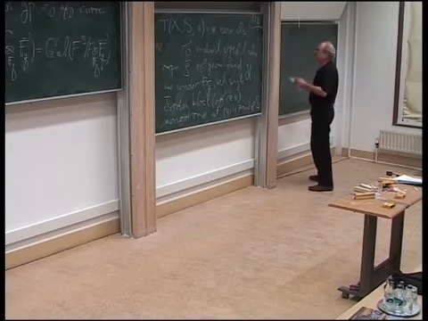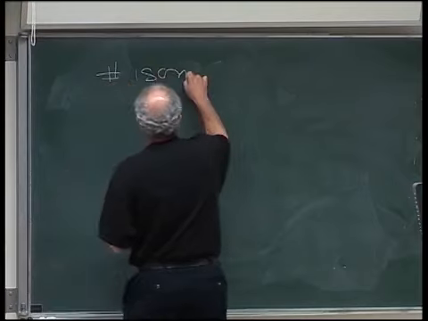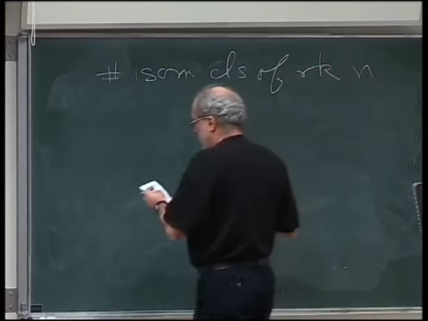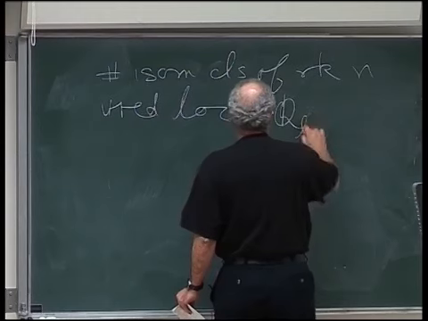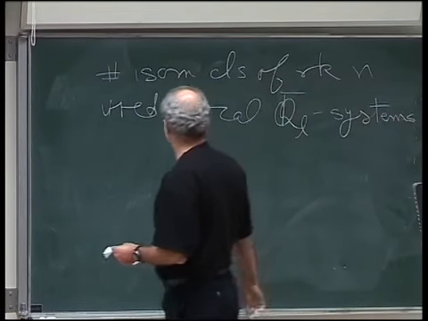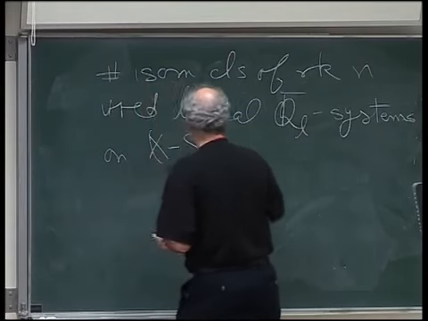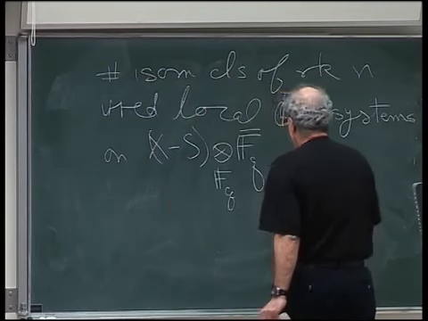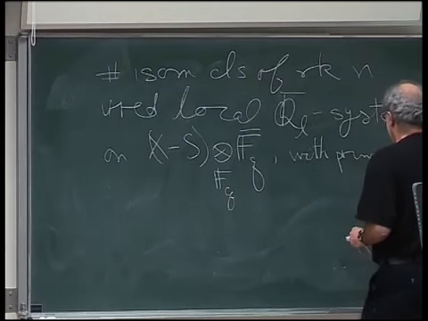This number is the number of isomorphism classes of rank n irreducible local systems on the geometric curve, again with principal monodromy.